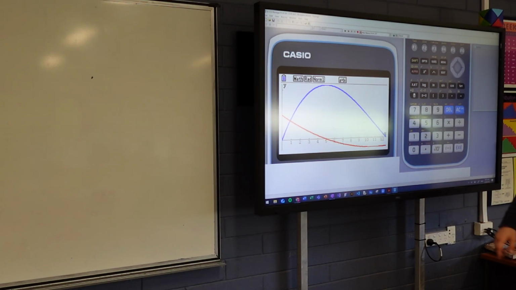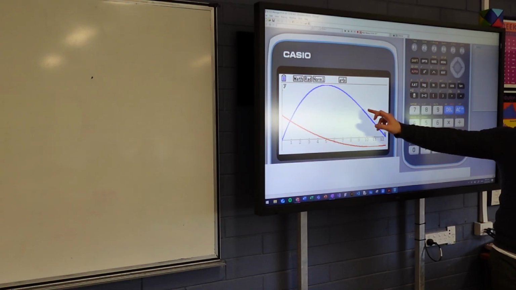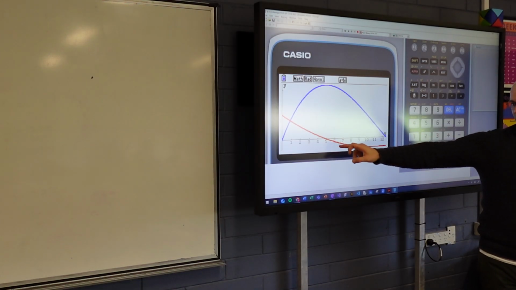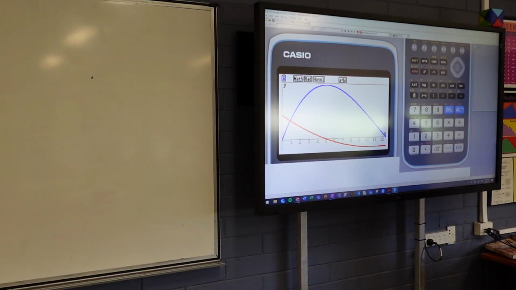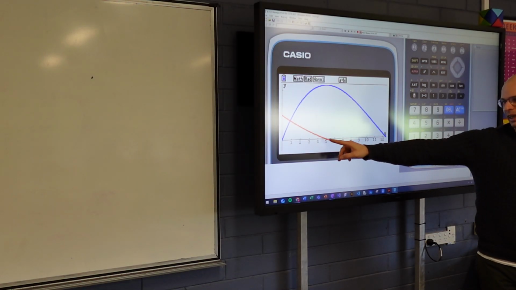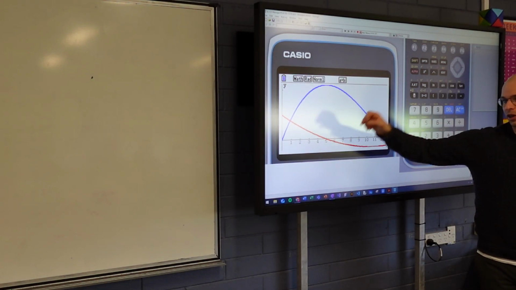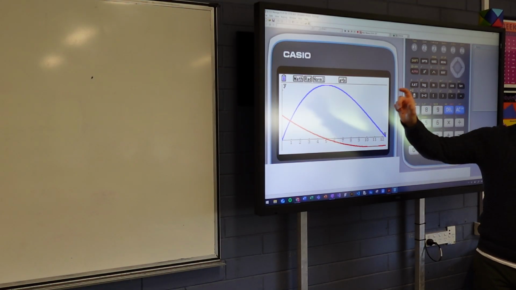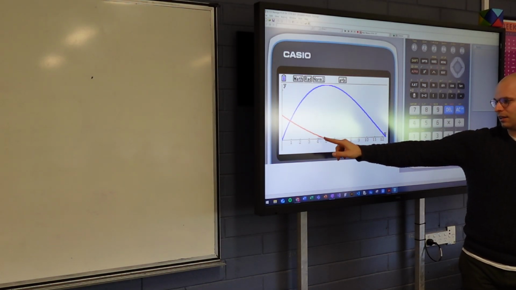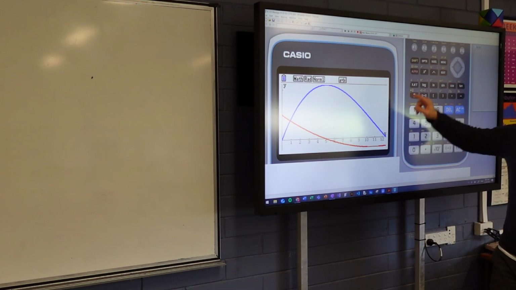If you have a look, the derivative of our volume function is going to tell us how volume is changing as our value of x is changing. So you can see that it cuts the x-axis here.